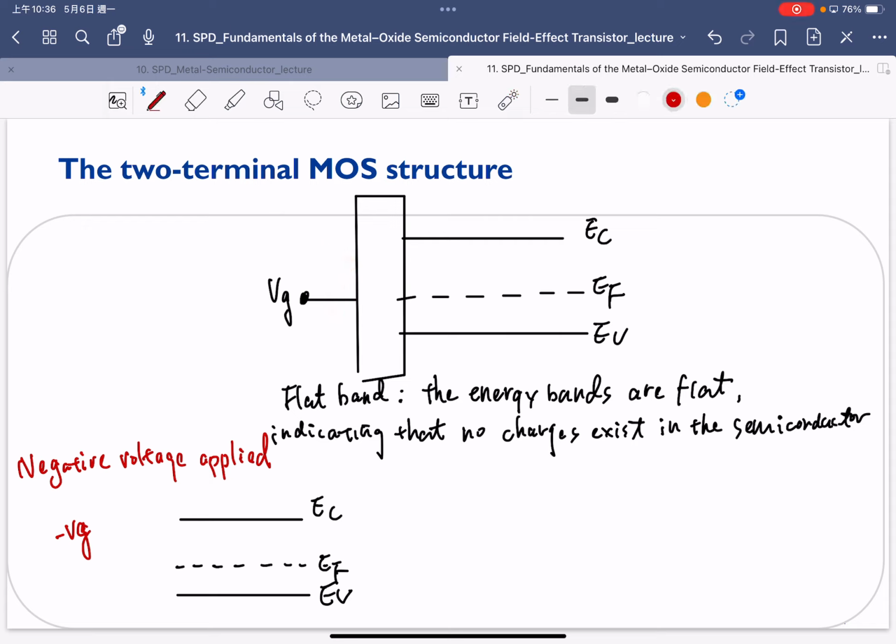So we can expect this one to become like here. And that means this will simultaneously be pulled up, because the distance between here and here is the same, since we consider the same metal work function.